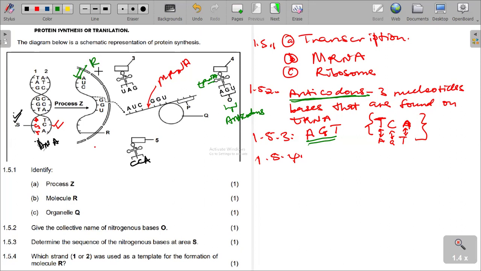So the question wants you to say which strand. So in that case, like I said, we look at the order of the nitrogen bases. So it is AUC. So we have got strand 1 here, and we have got strand 2 there. But which one was used in the formation of this one? AUC.